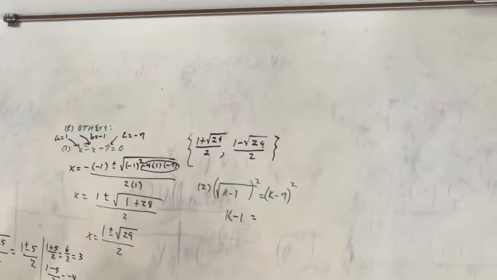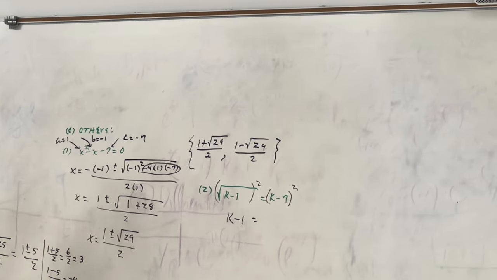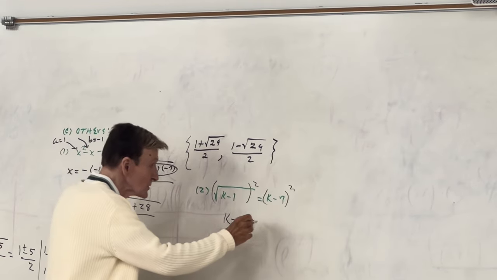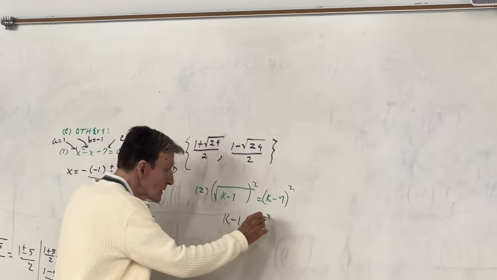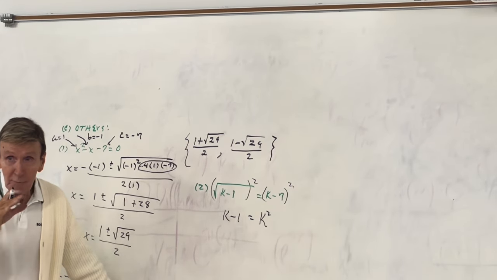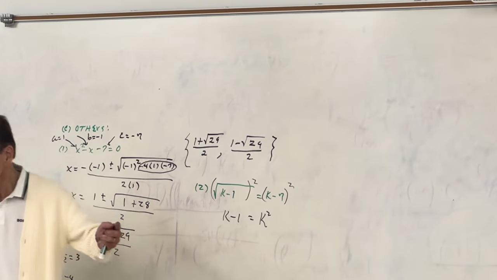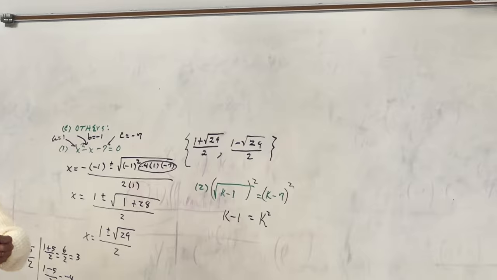Can anyone tell me, without me taking the time to expand that thing out, what is k subtract 7 times another k subtract 7 going to give you? I know some of my students know it. I'll give you k squared. Does anyone think they know it without me multiplying it out? K subtract 7 times k subtract 7. We'll start with the k squared. And what else? Minus 14.